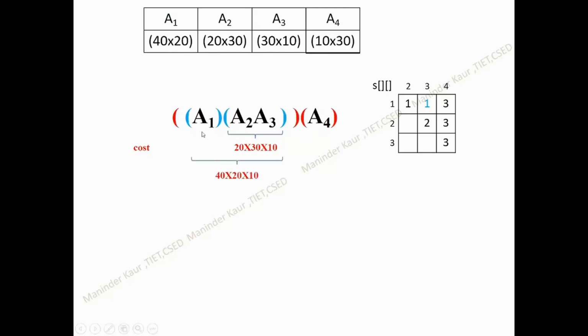Now the matrix from A1 to A3 will have dimension 40 into 10. This 40 into 10 matrix will be further multiplied with the matrix 10 into 30. The cost for the same will be 40 into 10 into 30. Now combining all the costs, we get the result as 26,000. That's all for the current session.